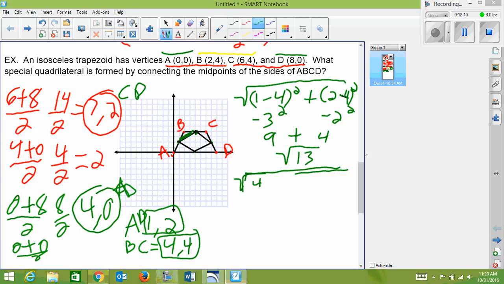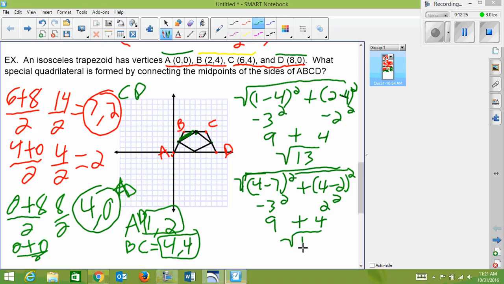So 4 minus 7 squared plus 4 minus 2 squared. 4 minus 7 is negative 3 squared is 9. 4 minus 2 is 2, 2 squared is 4. 9 plus 4 is square root 13. I'm seeing a pattern. So I have 2 answers that are square root 13.